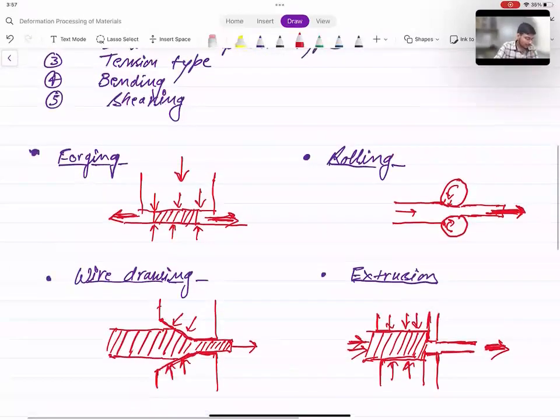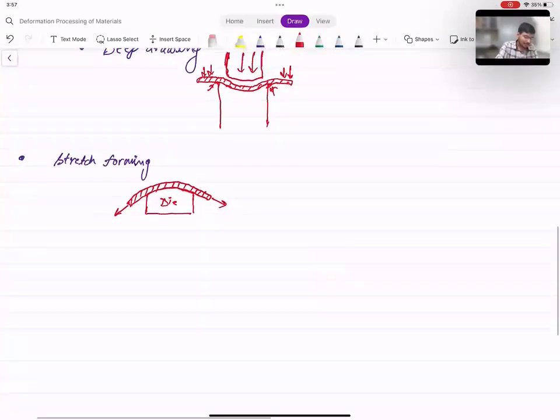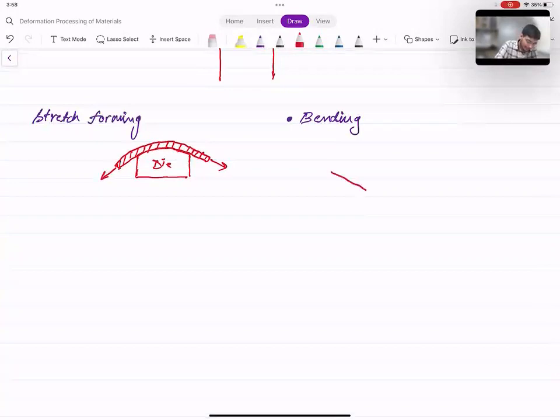Now the next category was bending and shearing. In bending, forces are applied, and in shearing, shear forces are applied. So how do they appear? Bending appears somewhat like this: we have a sheet and we have a die, then we again have a punch.